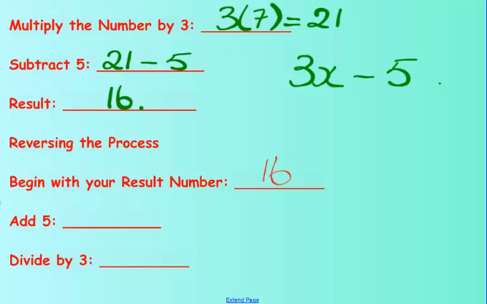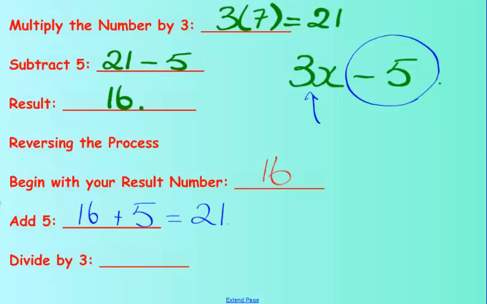The last thing we did was subtract 5, so the inverse operation is adding, and we'll start with 16 and add 5. Now that gives us 21. Then the inverse operation of multiplication is division, so we'll do 21 divided by 3, and that takes us back to 7 again, doesn't it?